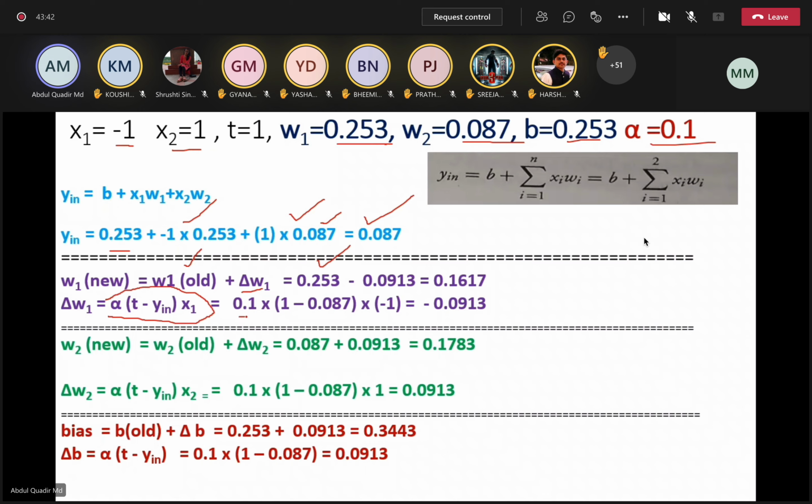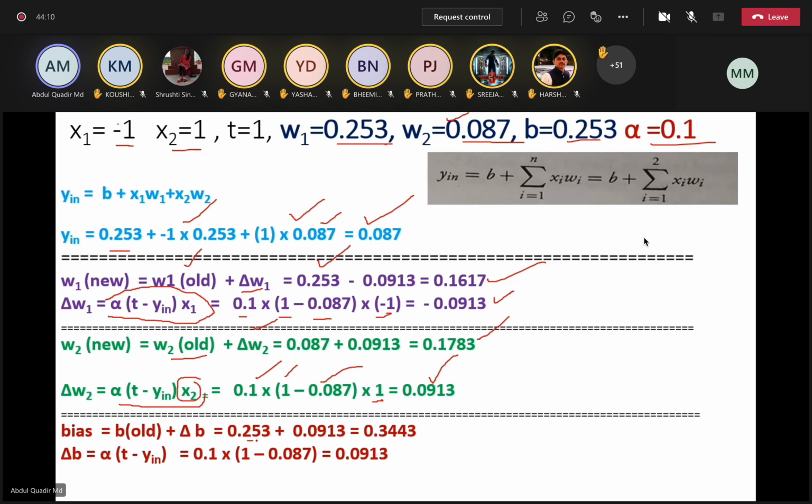Alpha is given as this, t is 1, yin is 0.87, x1 is minus 1. When I plug in the values, I get this. The same way for W2: W2 old is 0.087 plus delta W2, where delta W2 is alpha into (t minus yin) into x2. What is x2? 1. When I plug in the values, I get this.